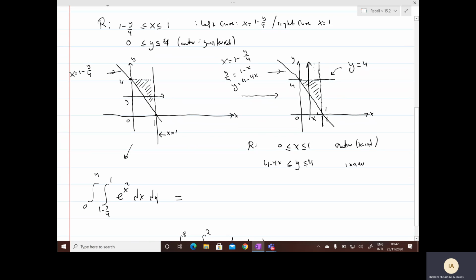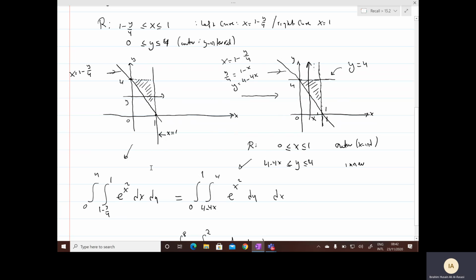The new integral is e power x squared dy dx. The outer is the x interval 0 to 1. The inner is the y interval 4 minus 4x to 4. This is what we mean by reverse.